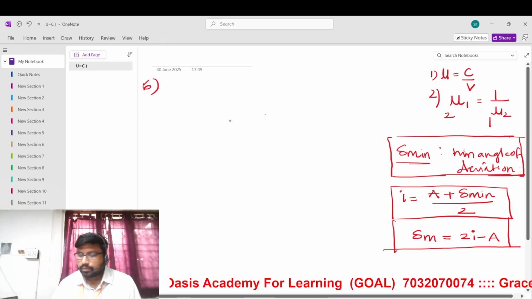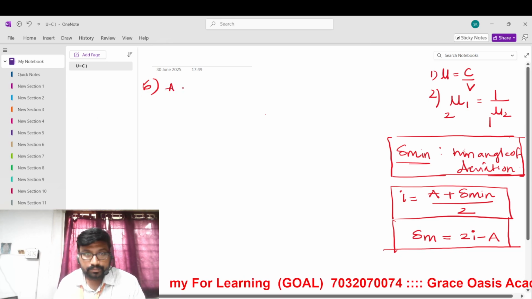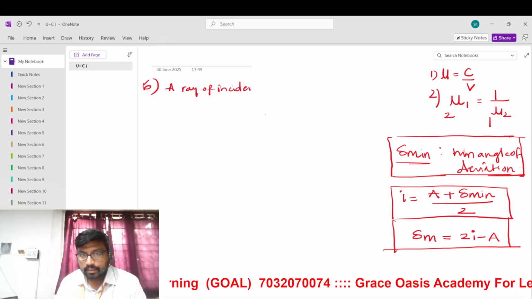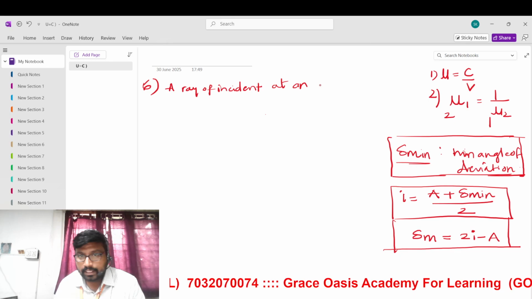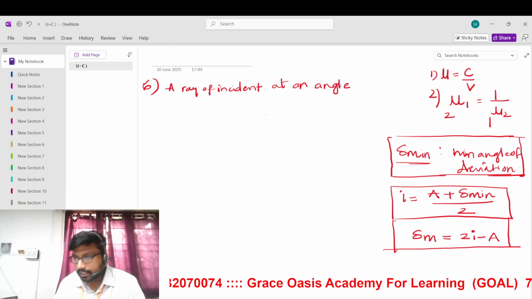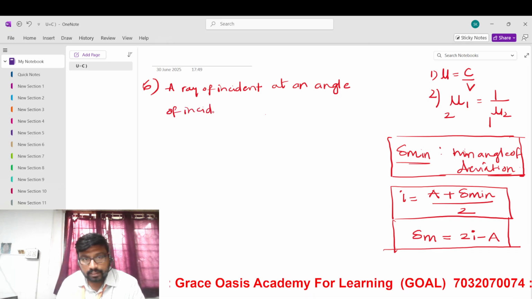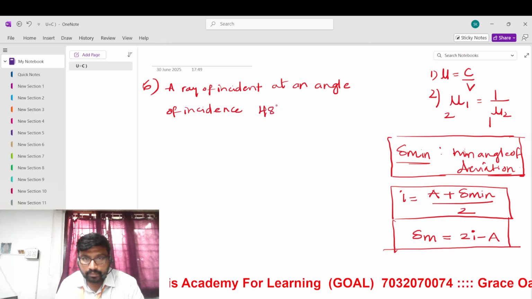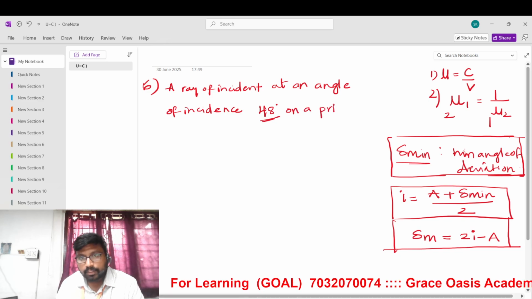Okay, and the question: a ray incident at an angle of incidence 48 degrees on a prism. It is a very, very important term.